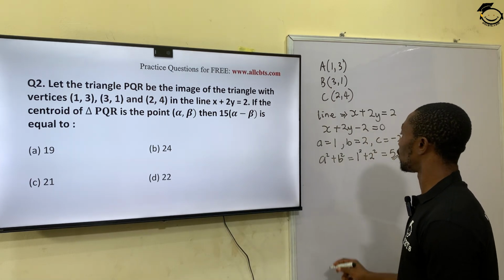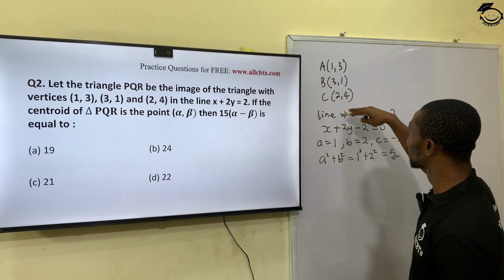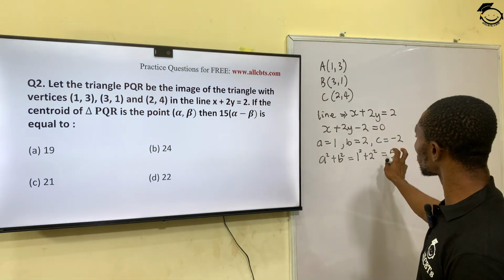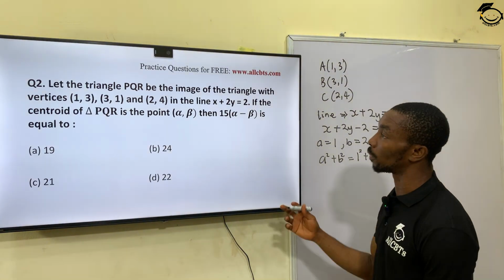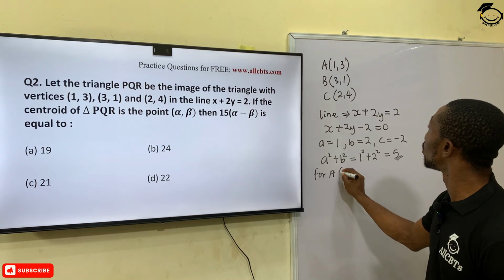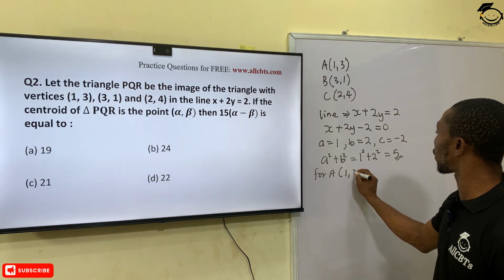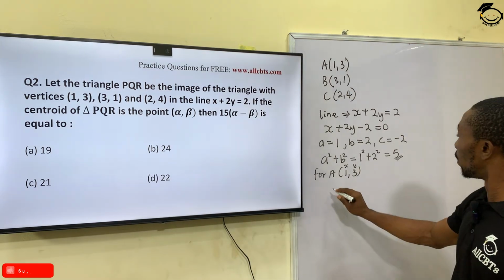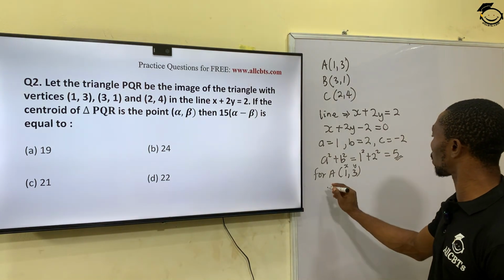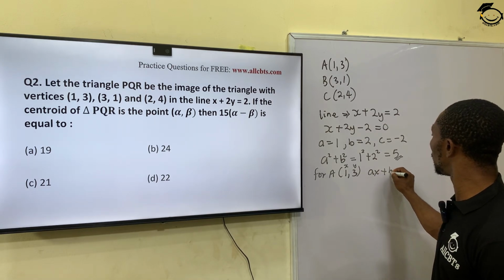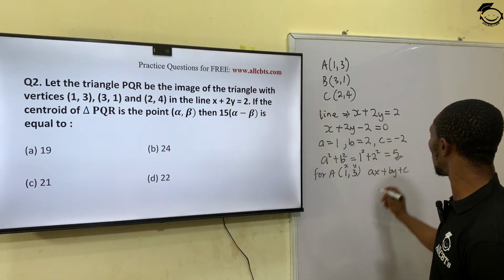Now we are going to solve for each of these vertices to find our points of reflection. So for A, which is the coordinate (1, 3), this is our x, this is our y. We'll be solving with our expression ax plus by plus c.